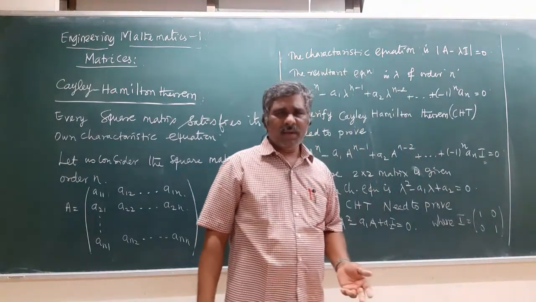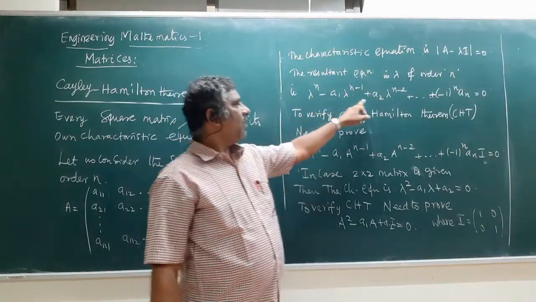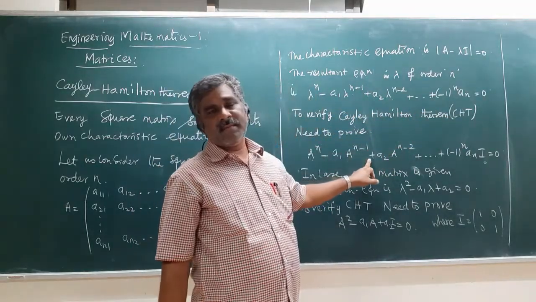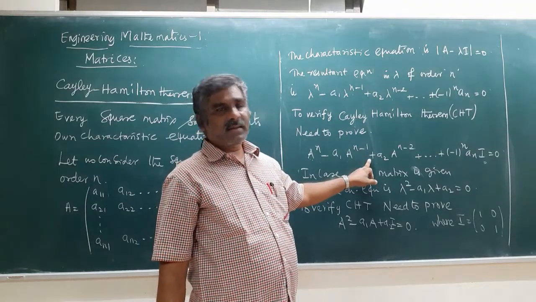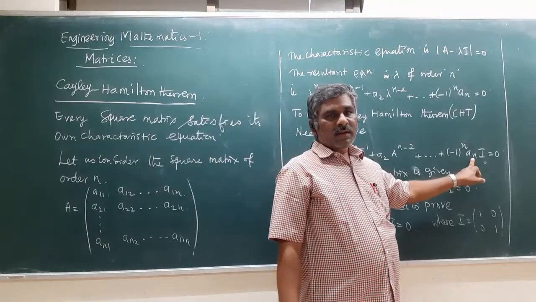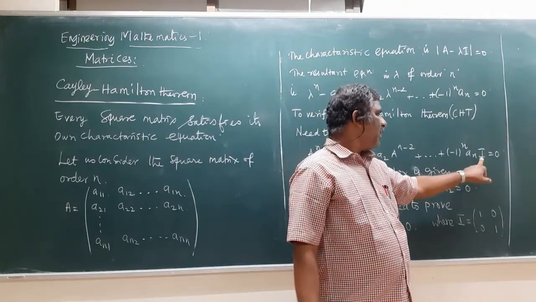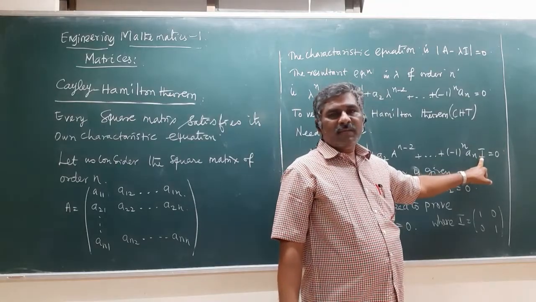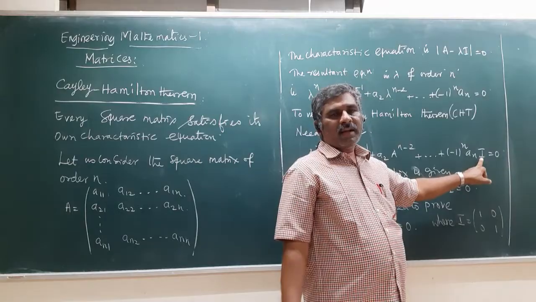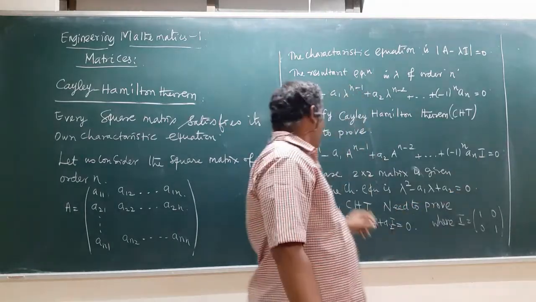Why do you need I? See, a1, a2 and so on are numbers. This is the equation, but it is a matrix equation. Finally, we can't write it as a single number. An is a number, so we have to write it as a matrix. Therefore, I have to multiply with the identity matrix I. The value will not change when you multiply with the identity matrix I. Therefore, we have to prove this.